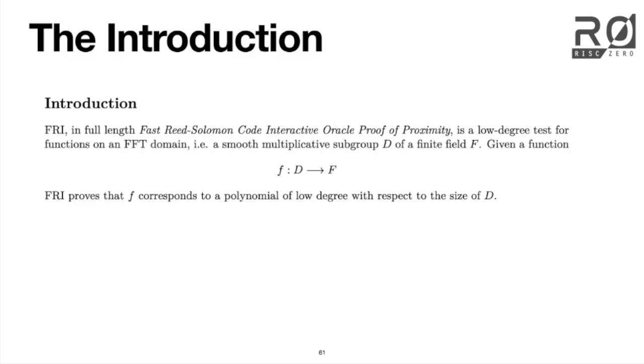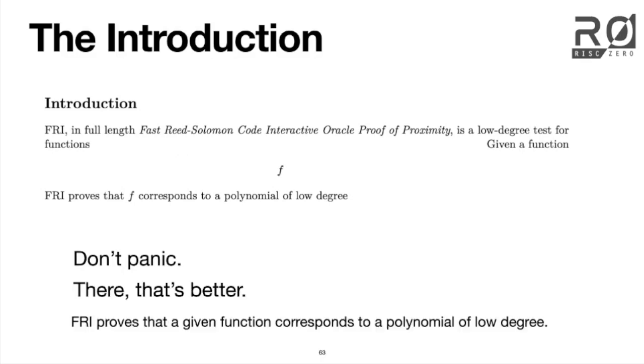It elaborates. It says, FRI is a low-degree test for functions on an FFT domain, i.e. a smooth multiplicative subgroup D of finite field F. This is sentence 1. If you don't have a degree in math, reading this is probably pretty tricky, but maybe it's easier if I take away some of the harder words.